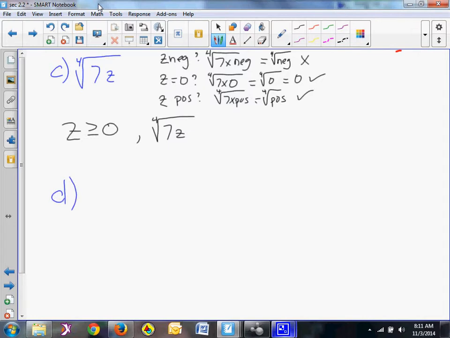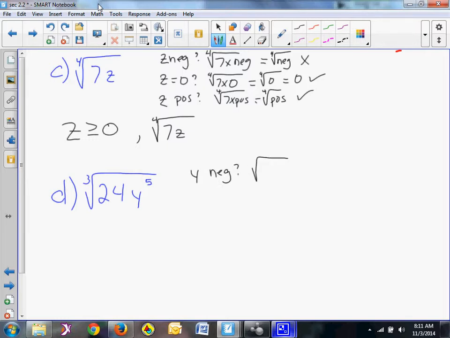Okay, one more example. So we're going to look at D, and we have the 3rd root of 24y to the power of 5. Again, we ask ourselves 3 questions. Can y be negative?